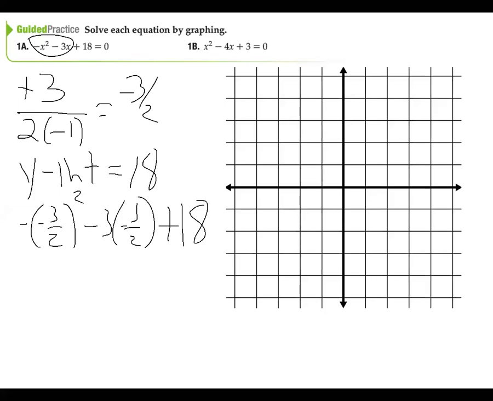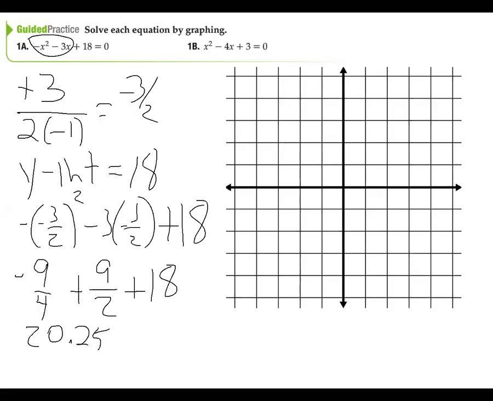So that's going to be -9/4 plus 9/2 plus 18. If we add those up, you're going to get 20.25.